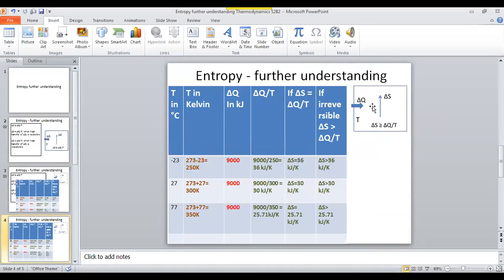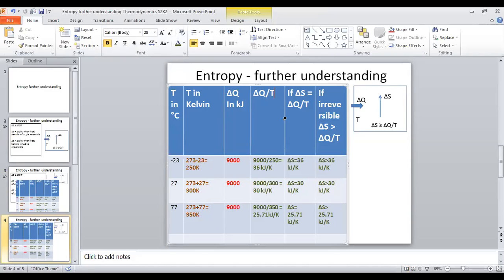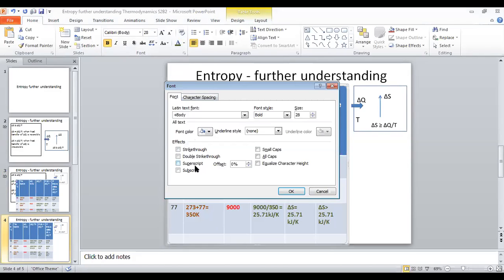Heat transfer from this surface, delta Q, at the interface between the surface and the space, T. The T in degrees Celsius finally converts to Kelvin. Delta Q is here, delta Q by T. Remember this T is in Kelvin. Okay, that's the important thing. T should be in Kelvin.